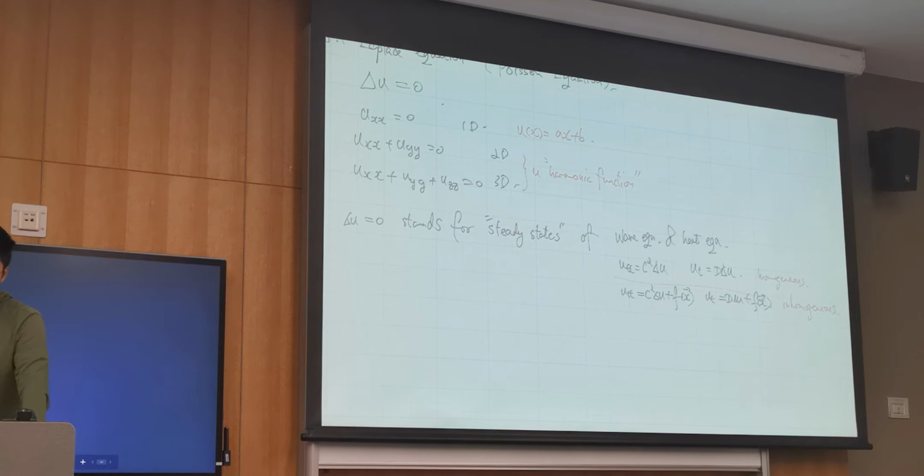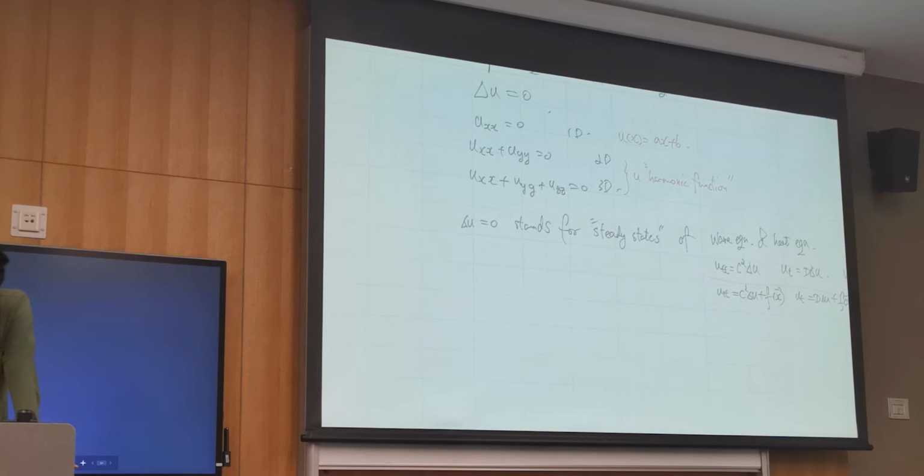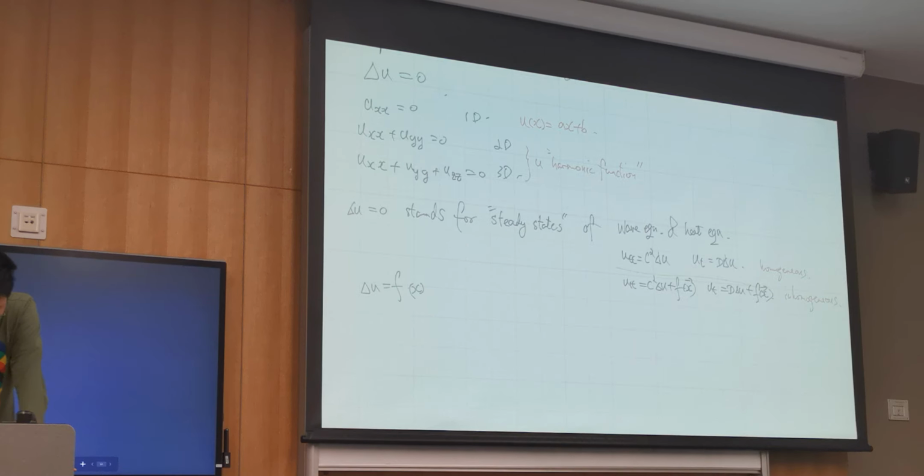Correspondingly, their steady states could be described as something like Laplace u equals something like f(x). Well, probably you don't want to use f because I have already used it. So for consistency of the notation, what about I change things over here from f to g?